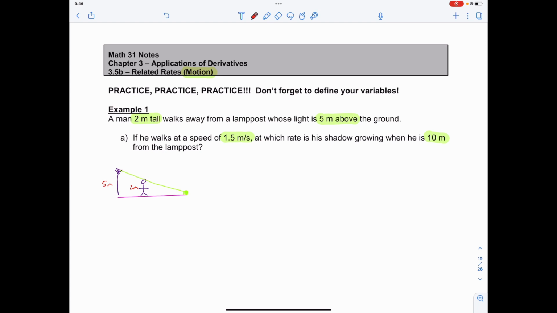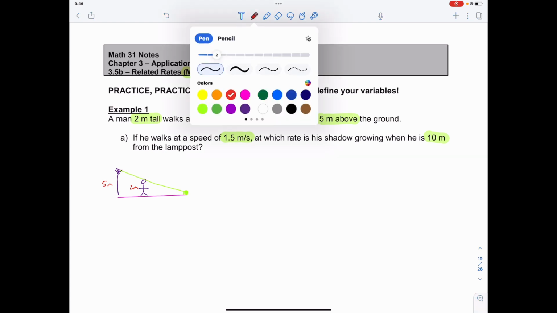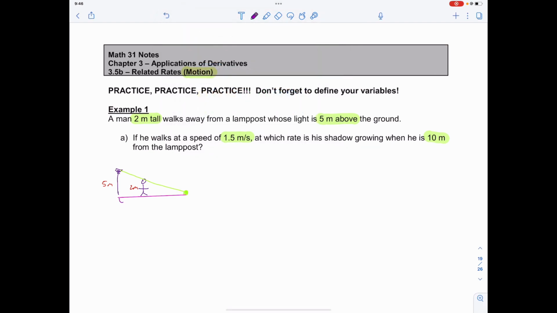And we have two distances that are changing that are related to this problem. We have the distance the man is from the lamppost, and we have the length of the man's shadow.